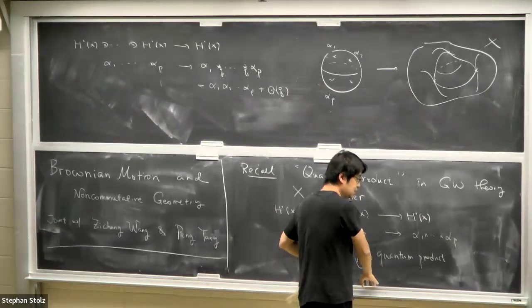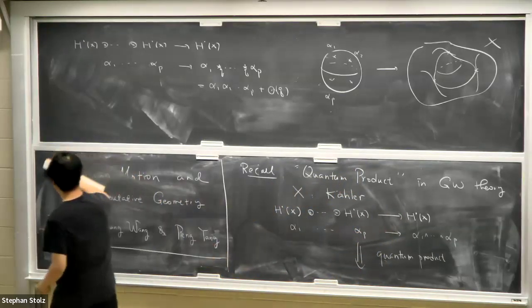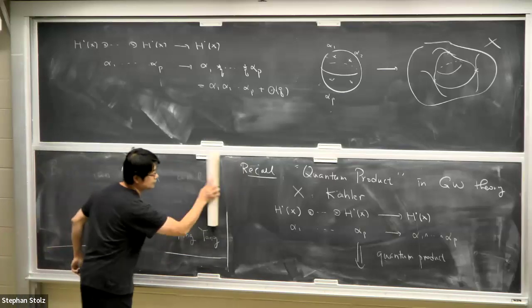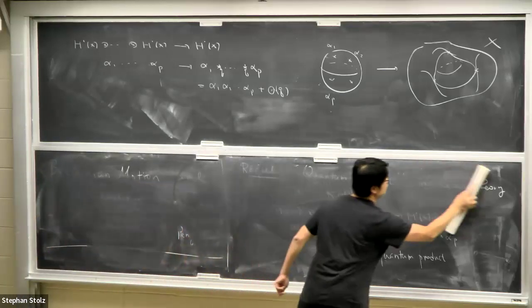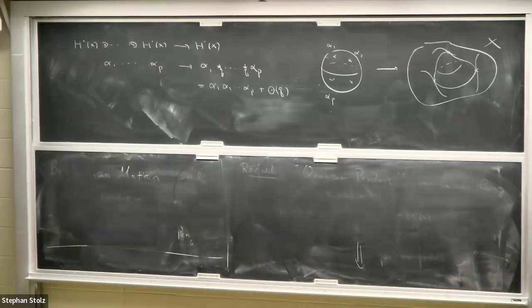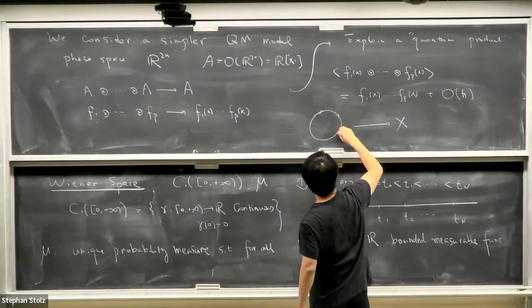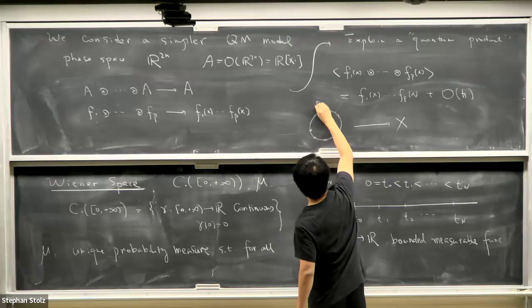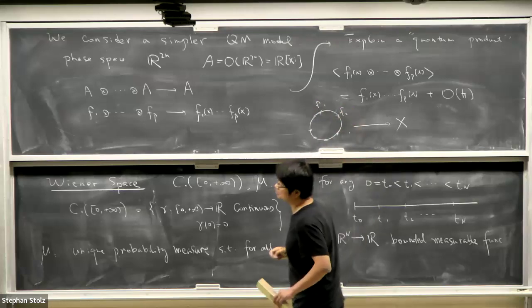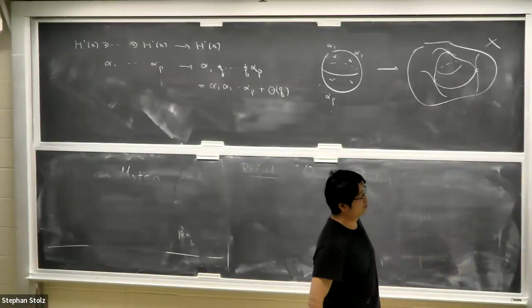I'm going to work with something on the loop space. I'll show you how this product can be realized by doing something like a circle to the path space, and you put some marked points, like 1 and 2, similar to this picture here, and do this kind of quantum intersection.